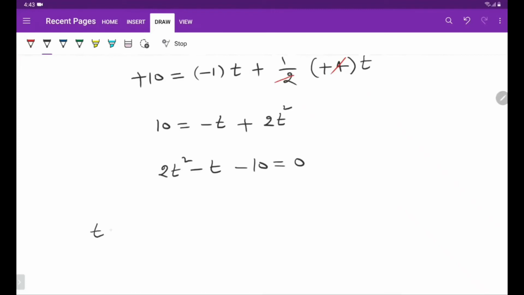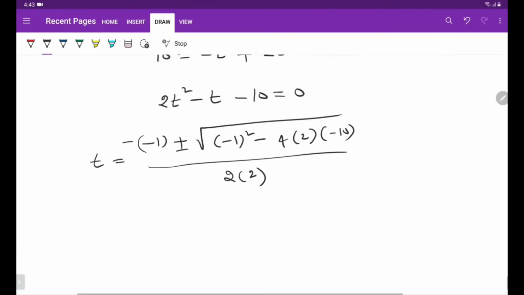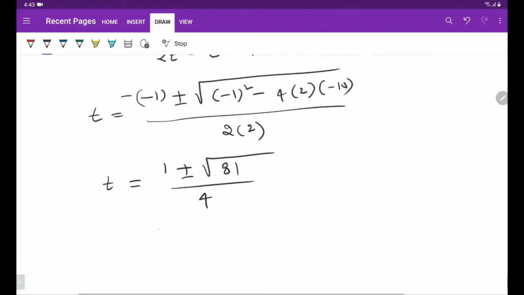Again solve this. t is equal to minus b plus or minus under root of b square minus 4ac by 2a. So t is equal to 1 plus or minus under root of 81 by 4. Again we get 1 plus or minus 9 by 4.